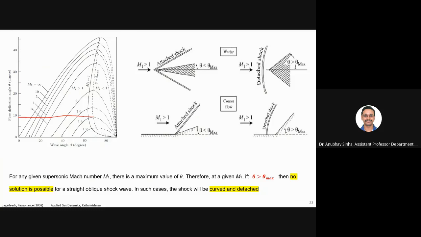For Mach number 3, you can get theta to be around 32 degrees. But at the smaller Mach number, if you have 10 degrees, it will be detached. Is this clear? Yes? No? Not clear?